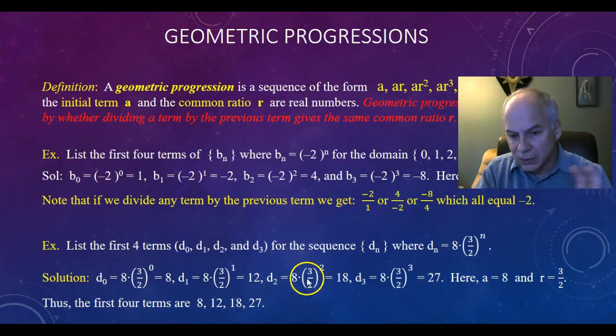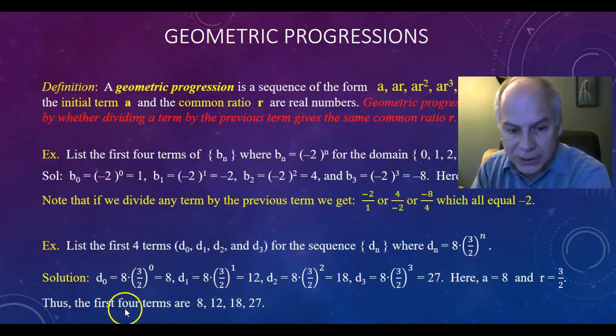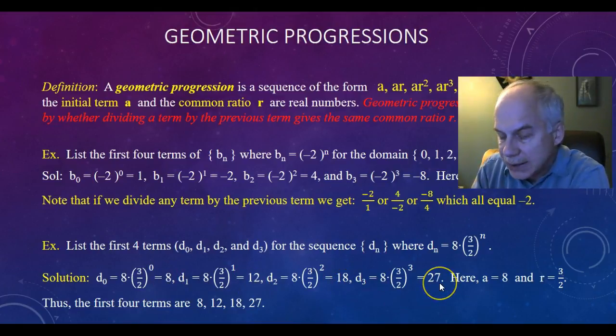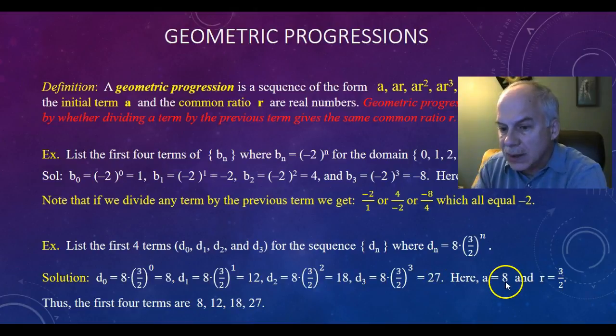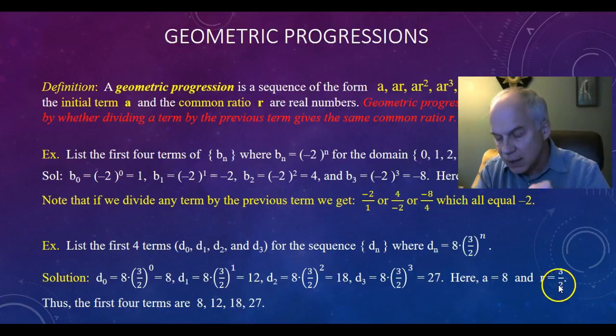The 4's cancel, leaving the 2, so 2 times 9 gives you 18. You can work that out and see that if you're careful. So the next term is 18. And then you plug in 3 for n, and you get 27. So the terms of the sequence are 8, 12, 18, 27. And you see that the initial term is 8, so a is 8.